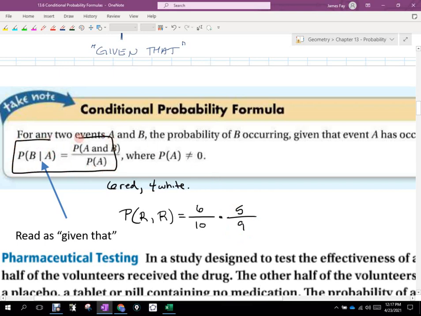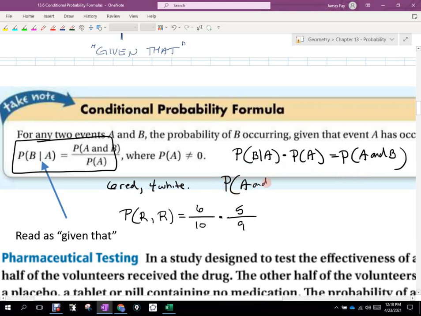Let's take this real quick. If I multiply both sides by P of A, I get probability of B given A times P of A is equal to P of A and B. I'm going to restructure this as P of A and B, just using the symmetric property and flipping these around.